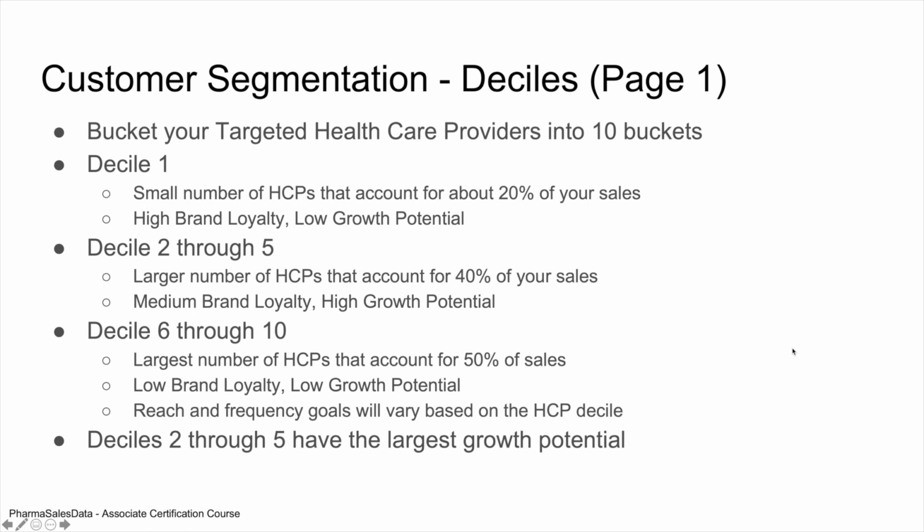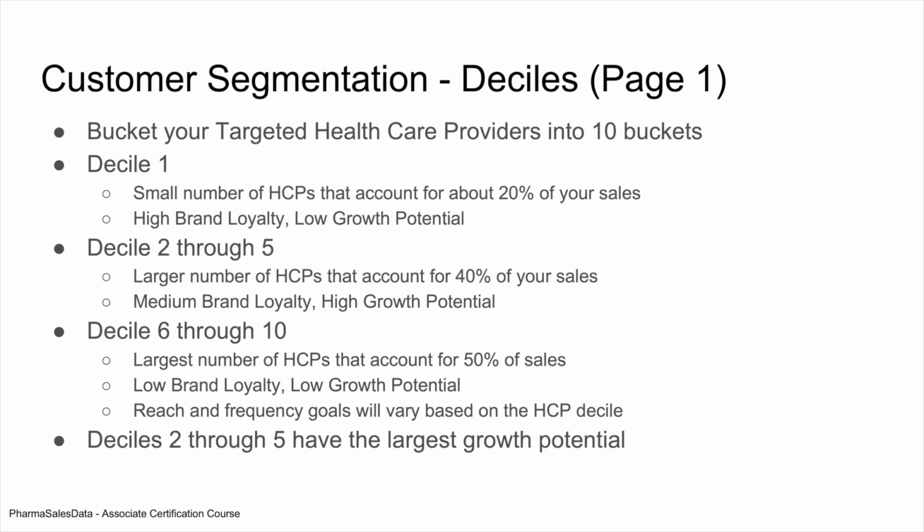Decile 6 through 10 are your largest number of HCPs that account for 50% of your sales, but they have low brand loyalty and low growth potential. So reach and frequency goals will vary based upon the HCP decile. Decile 6 through 10 are the largest number of HCPs that account for 50% of sales, but they have low brand loyalty and low growth potential.